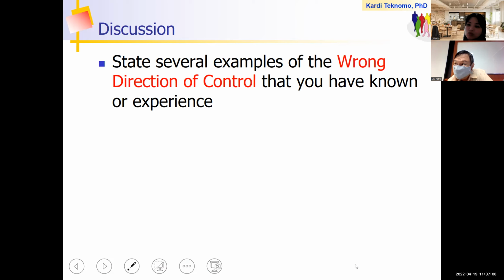Joy. Cheating in the exam. Okay. So if you know cheating in the exam is not correct, and you get the reward of a higher grade, that is the wrong direction of control.